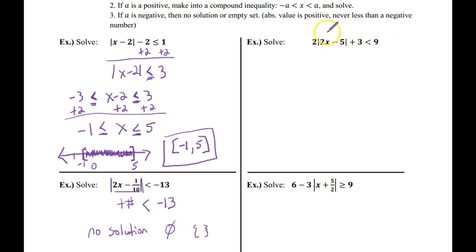Alright, here we are at this example on top at the right. Whenever we solve absolute value equations or inequalities, we want to isolate the absolute value first. So first I have to get rid of everything else outside of the absolute value. I'm going to start by subtracting 3 from both sides. Remember, this is joined with multiplication, so I'll do that last.